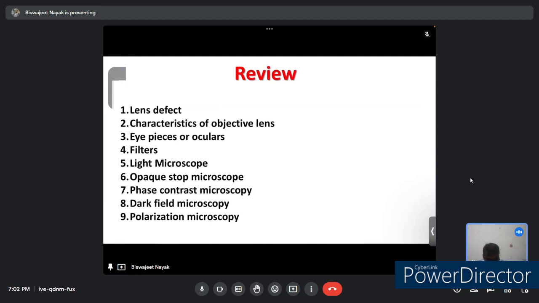So there are basically three types of aberrations which we find in lenses defect. One is coming because of on axis, one because of off axis, and one because of distortion.